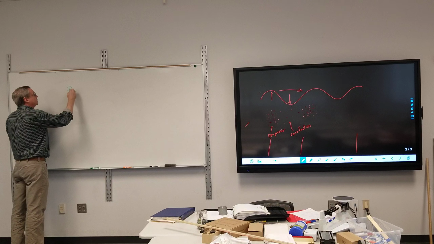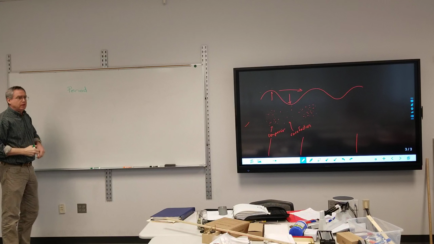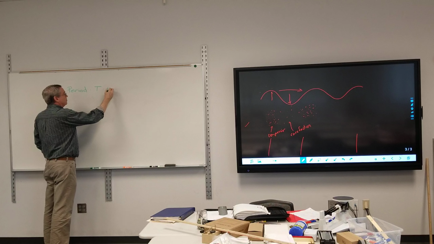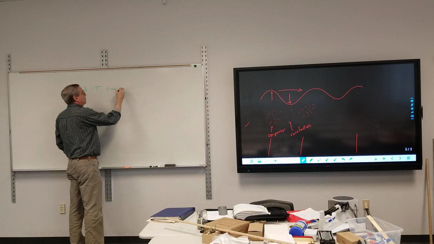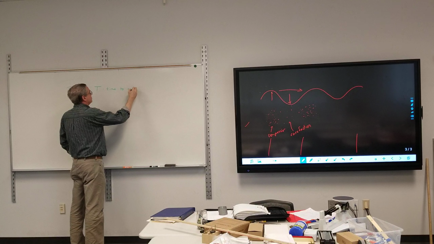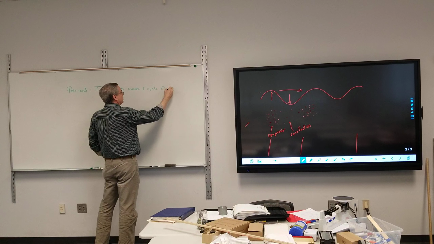Period. We talked about period before. The symbol used for period is a capital T, and it is the time to create one cycle of repetitive motion.